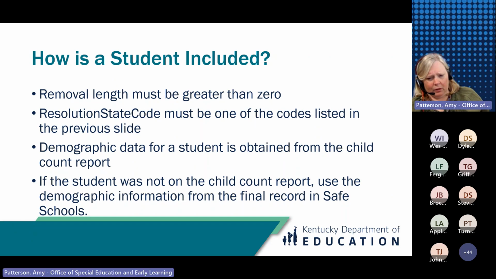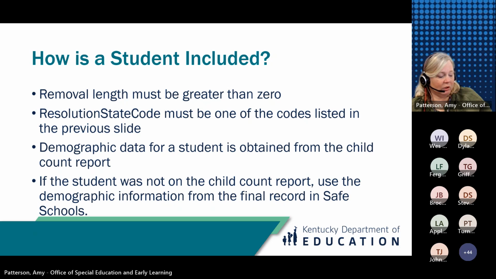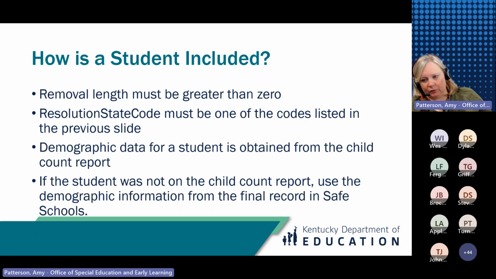Maybe somebody just put in the wrong date. Maybe they were suspended for tomorrow and tomorrow ends up being a snow day, whatever. So you have to go in and change the date. I emailed several of you and said, hey, can you have somebody go in and change this? Sometimes they put in the wrong year and it's for next year.